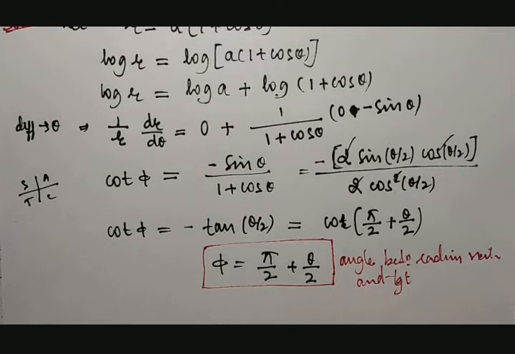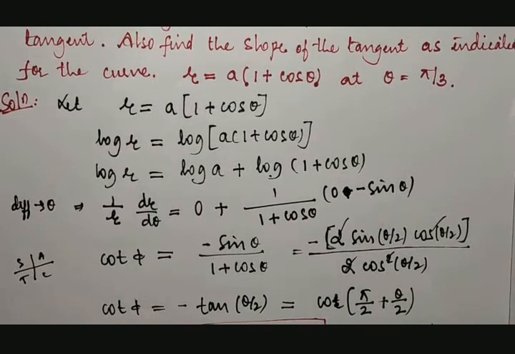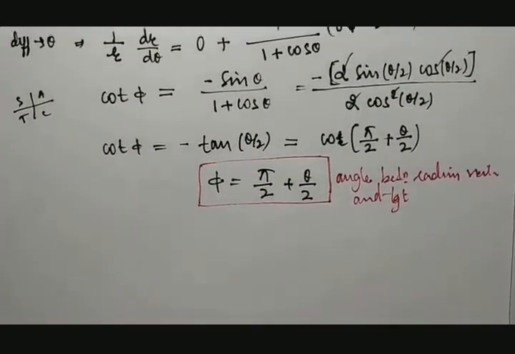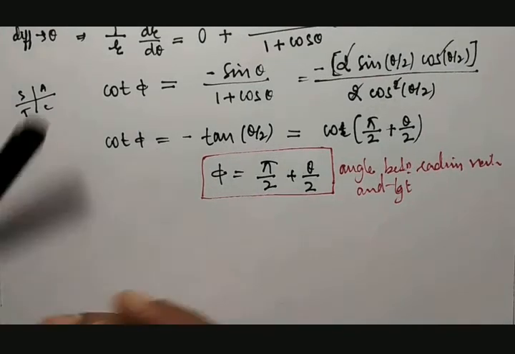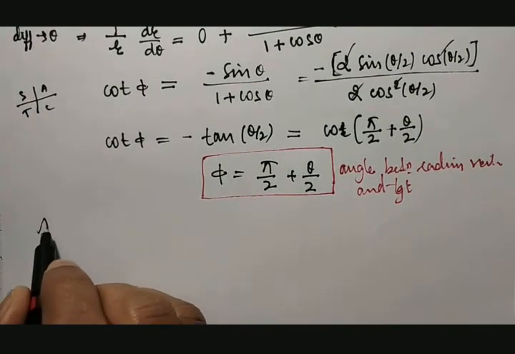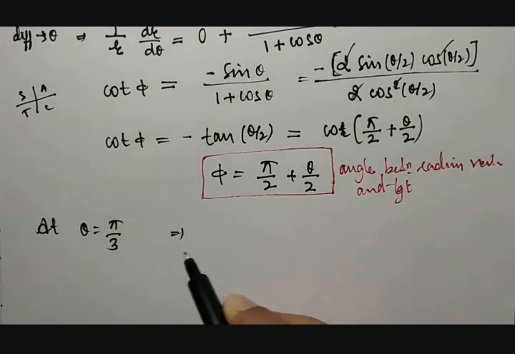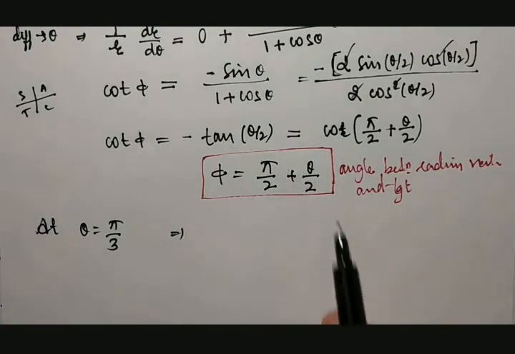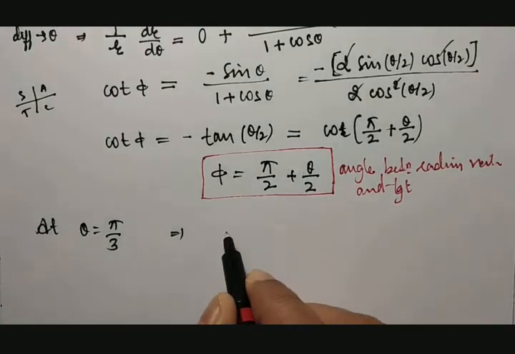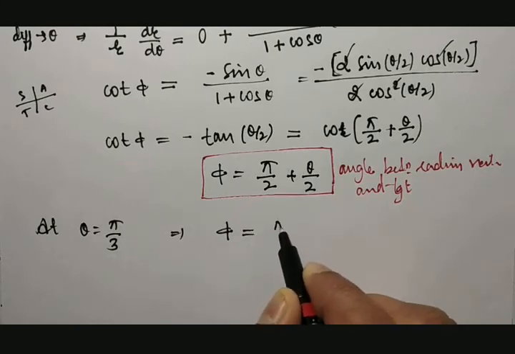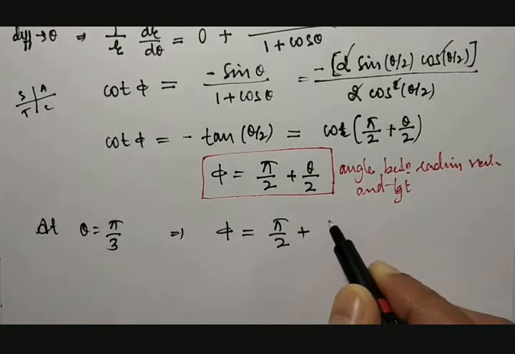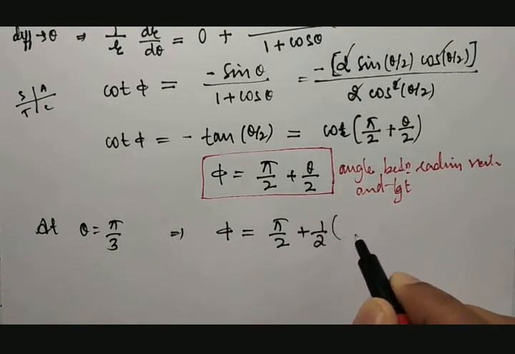When this is the angle between radius vector and the tangent, then we need to obtain the slope of the tangent at theta is equal to pi by 3. Therefore, at theta is equal to pi by 3, if you substitute this theta in this case, then this equation becomes phi is equal to pi by 2 plus 1 divided by 2 times theta.